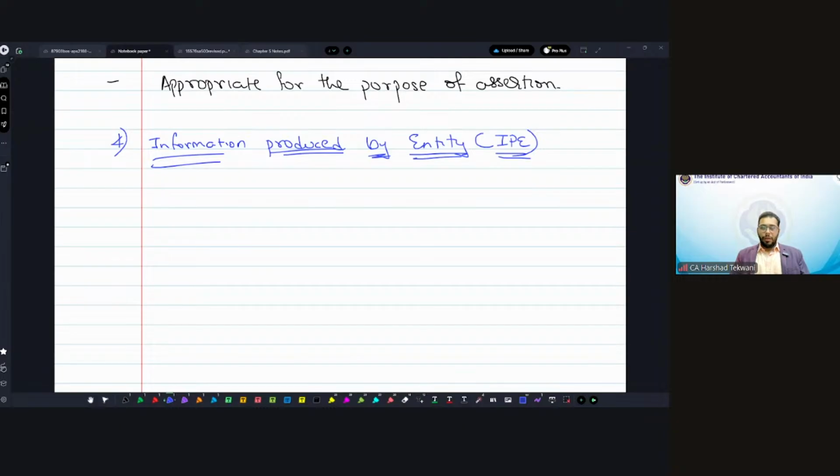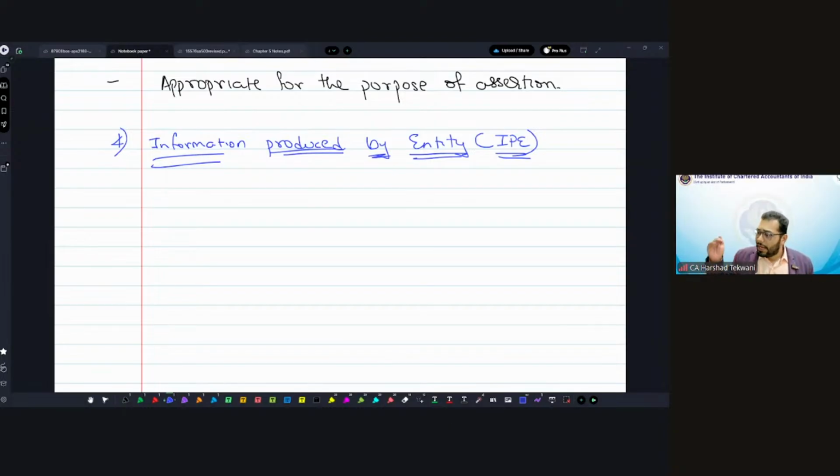For example, the entity has done some work on the systems and the systems have given you that information. It is not directly some output of the invoices, or copies of invoices or agreements.